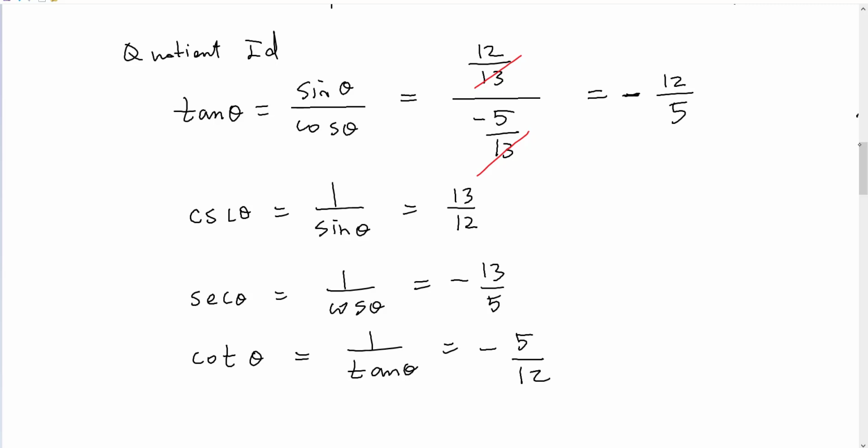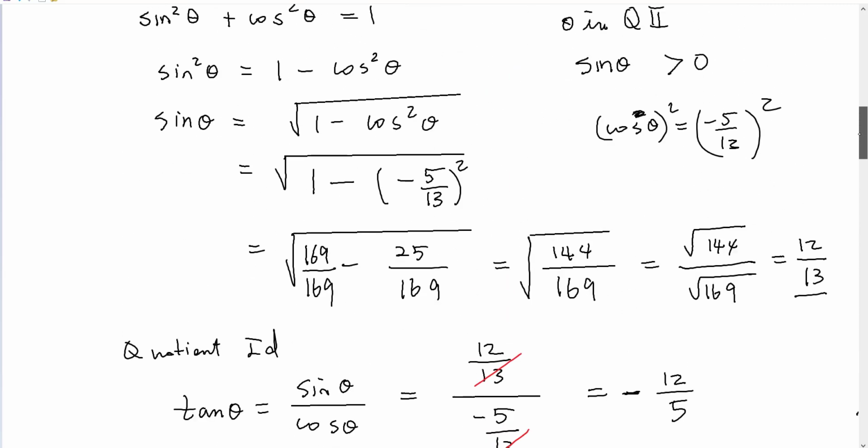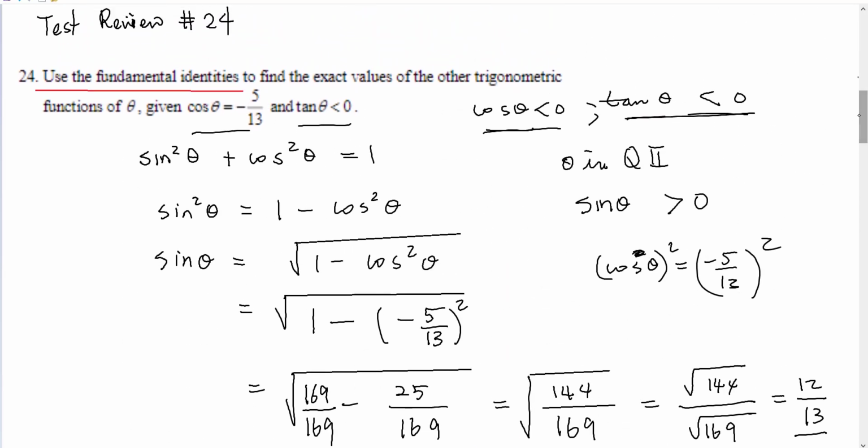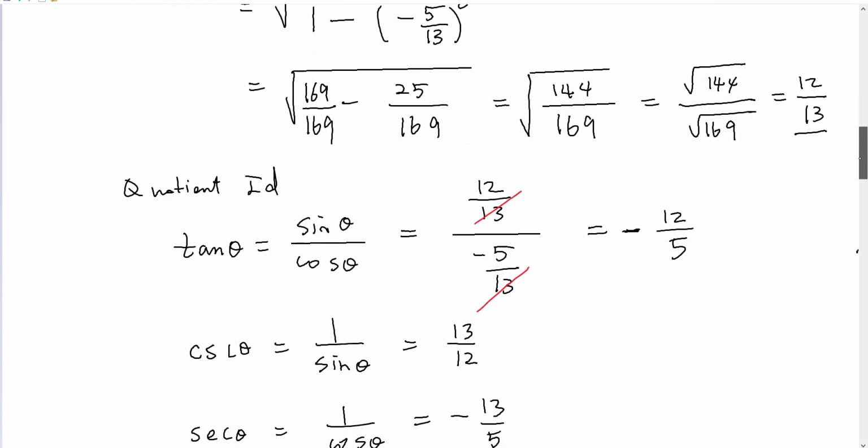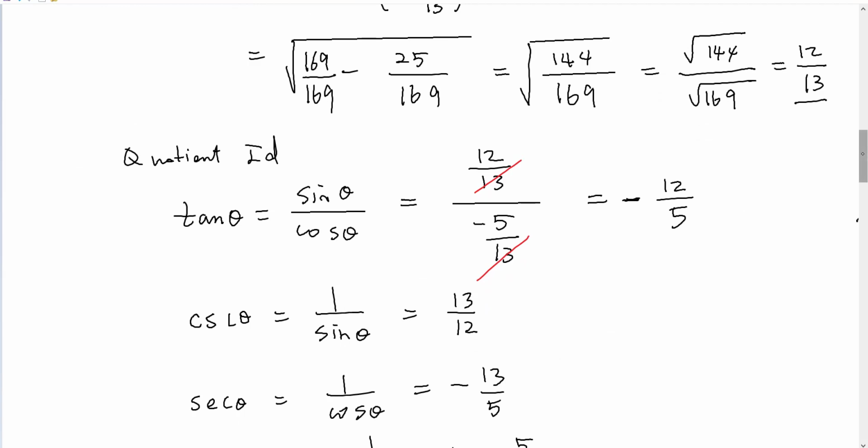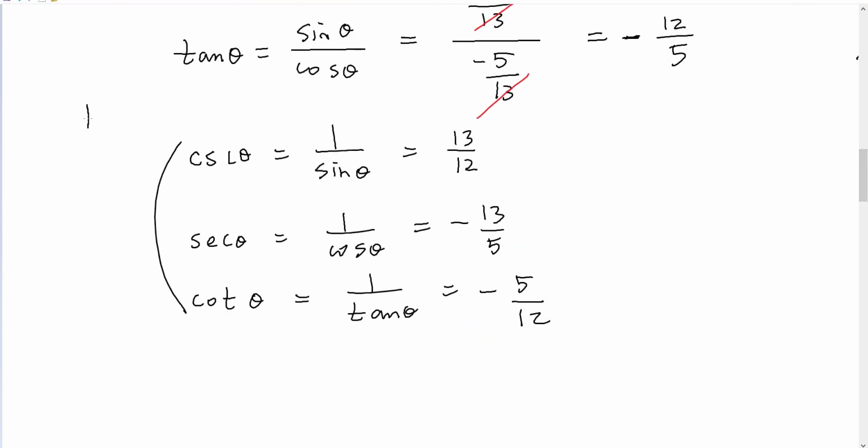So you are getting the trig functions using the identities, because I used the Pythagorean identity first, then the quotient identity, and then the reciprocal identities. These three are reciprocal identities.